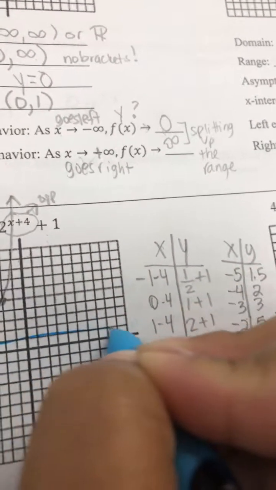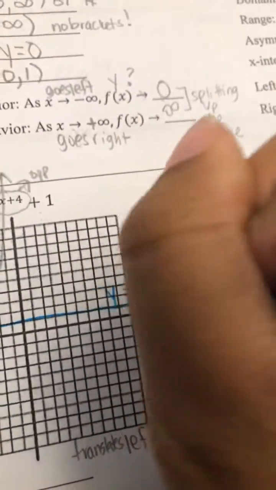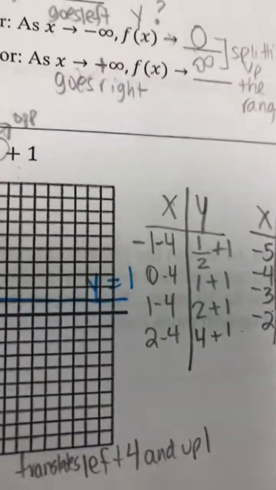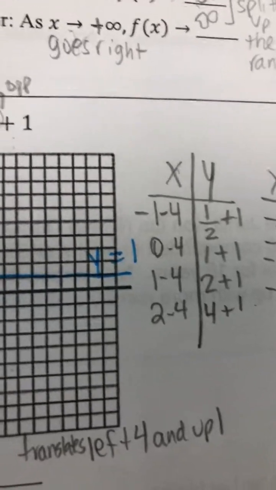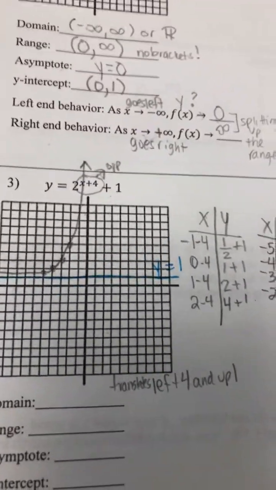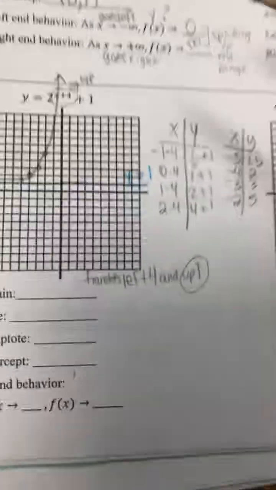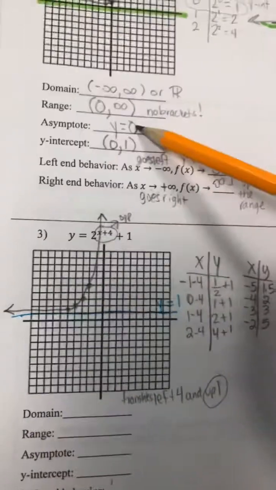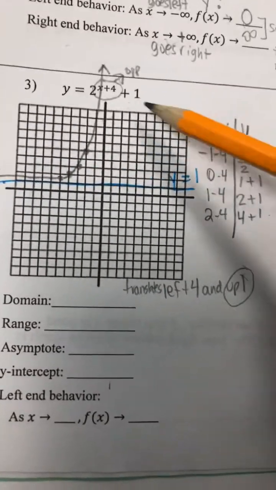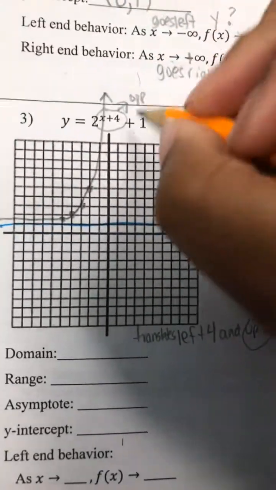Because we now have a new asymptote. Our asymptote is now y equals 1. Why is it y equals 1? Because remember, we went up 1. So if our original asymptote is at y equals 0, if we go up 1, now we have a new asymptote.